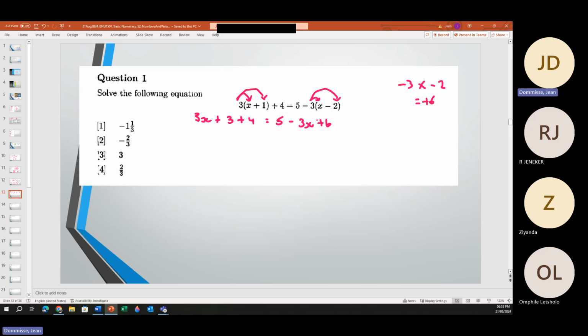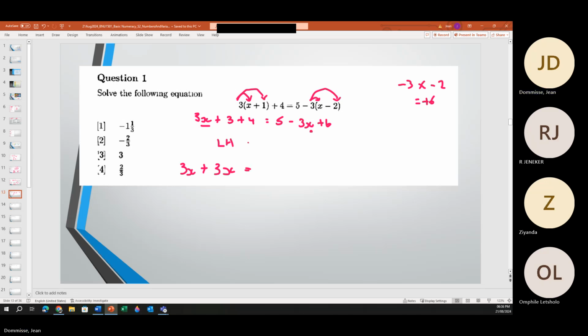Then the easiest, how I normally look at it, is to say, okay, let's take all the ones with the x, or if it was a y, all the ones with a variable. Let's take it all to the left-hand side. So on the left-hand side, we've got this 3x. When we take the minus 3x to the left-hand side, it will also then become 3x.